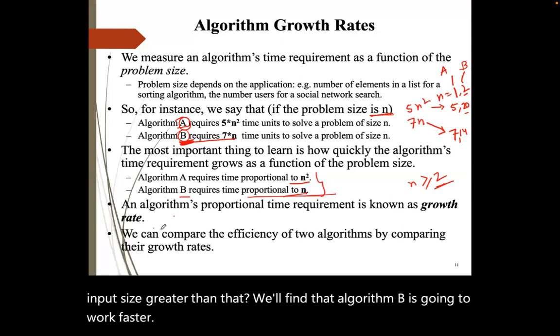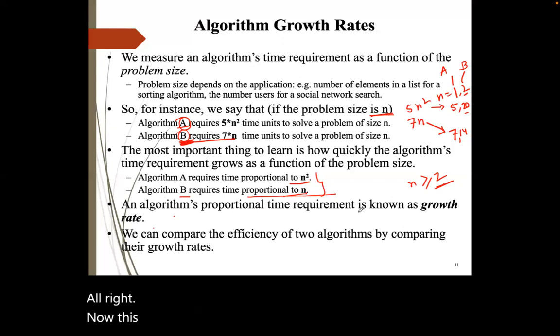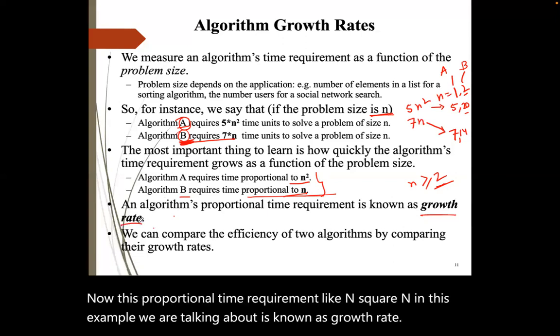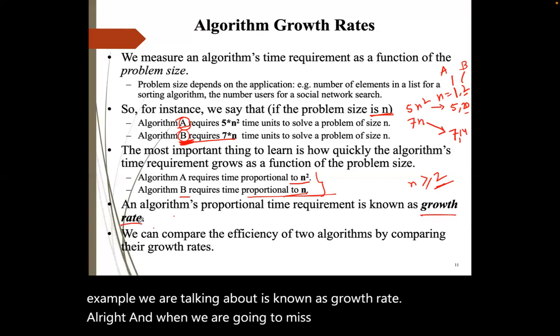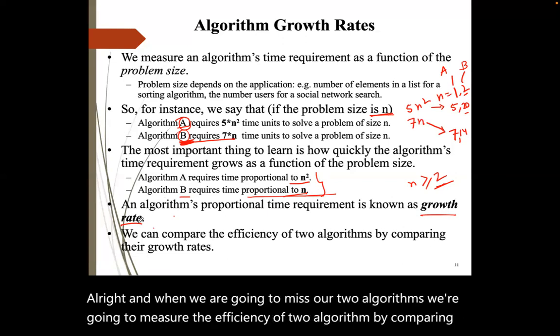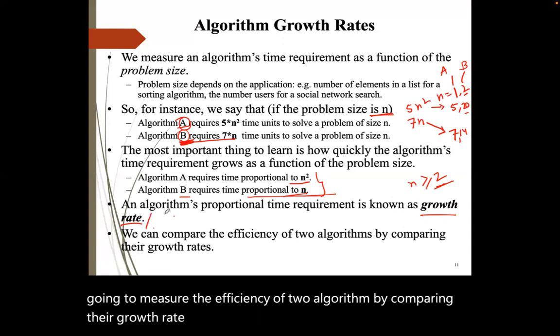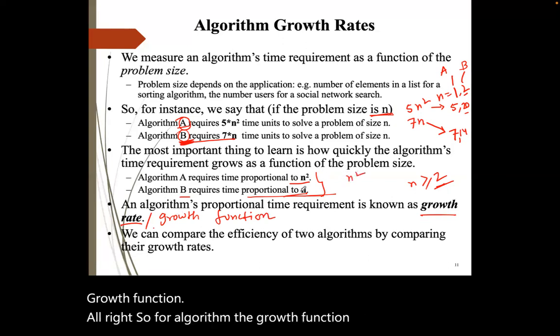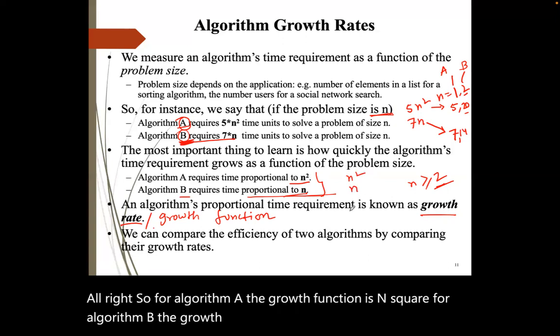This proportional time requirement, like n² and n in this example, is known as the growth rate. We measure the efficiency of two algorithms by comparing their growth rates. This is also known as the growth function. For algorithm A, the growth function is n²; for algorithm B, the growth function is n.